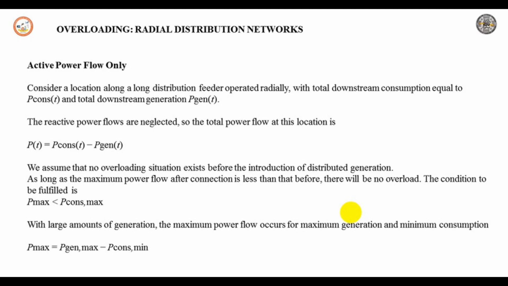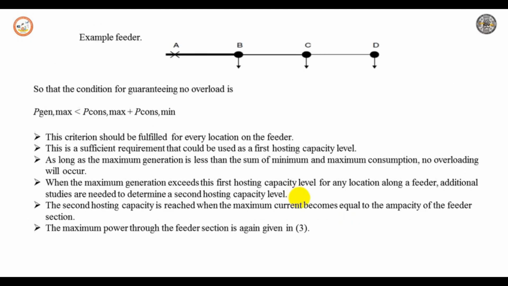So in the figure, what you are seeing is an example of a feeder. So we can guarantee that there is no overload. It consists of four successive points defined as A, B, C, D. At B there is one load, at C one feeder, and D is one feeder.